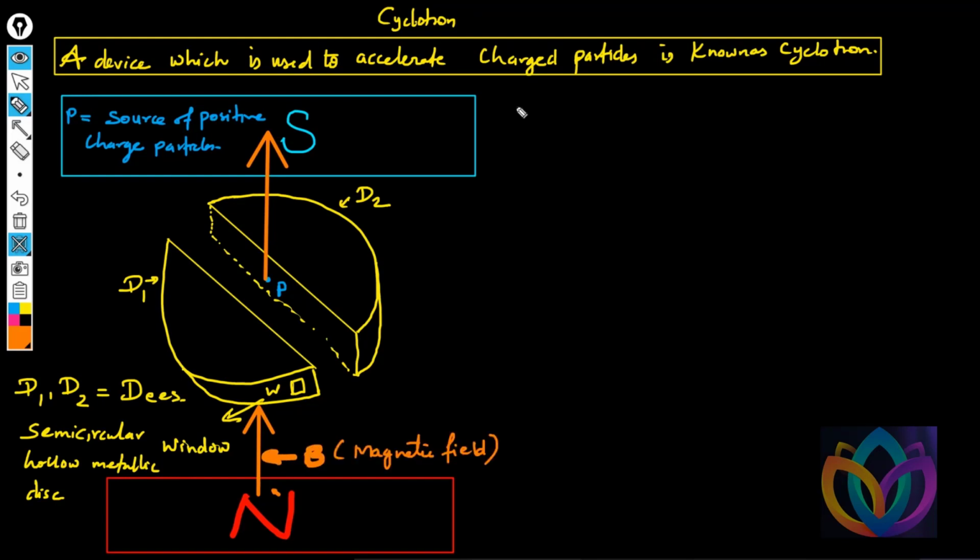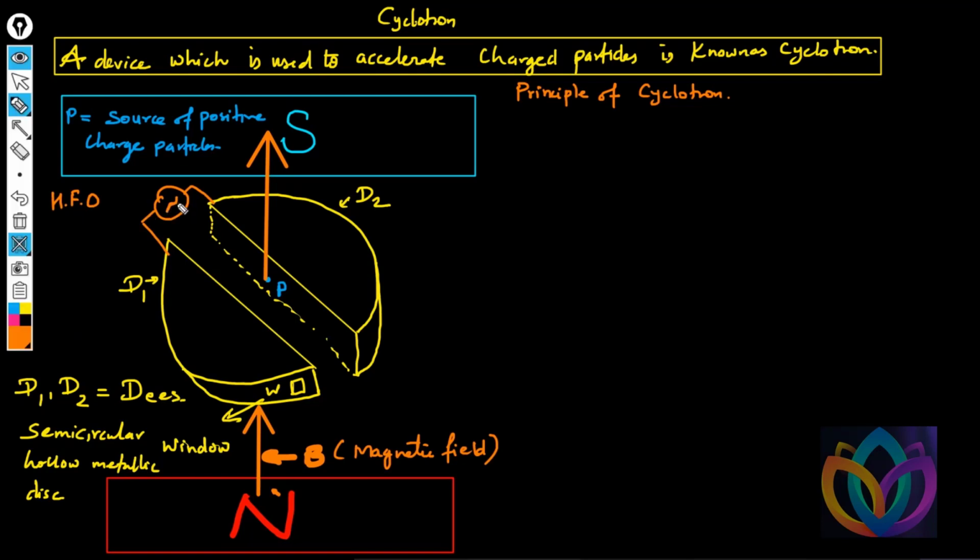Now, what is the principle of cyclotron? Remember that both the Ds are connected with a high frequency source, or high frequency oscillator, you can say HFO.